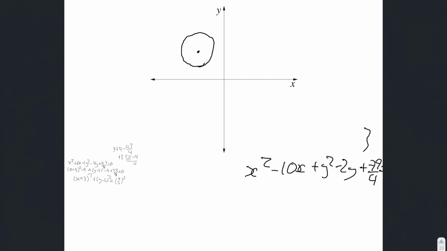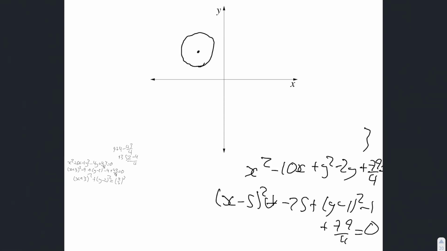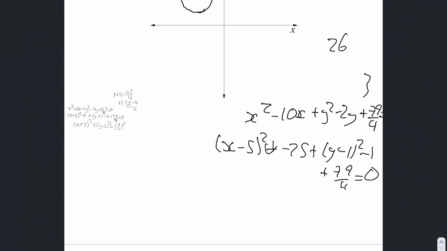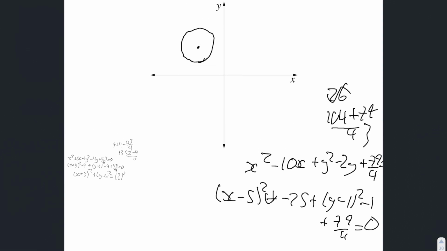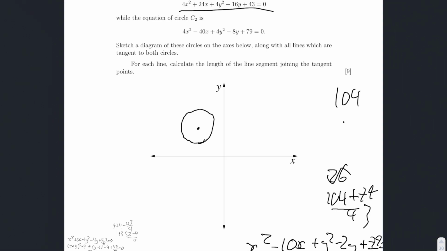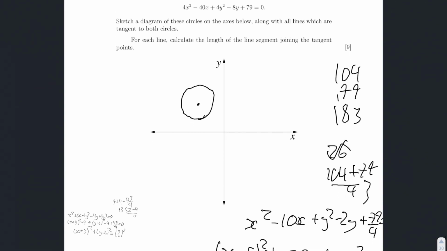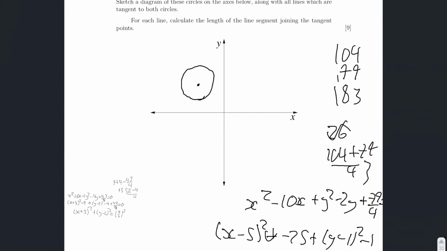I'm not sure if you can see that, but it equals 0. So we then have x minus 5 squared minus 25 plus y minus 1 squared minus 1 plus 79 over 4 equals 0. So we then have 26 times 4 is 104, plus 79 over 4. Is that right?